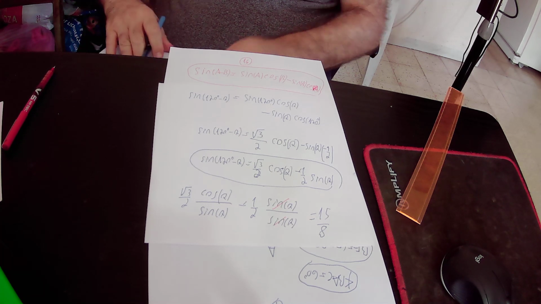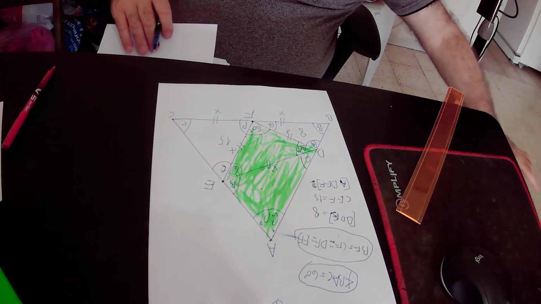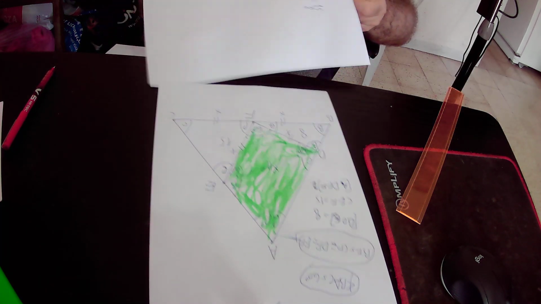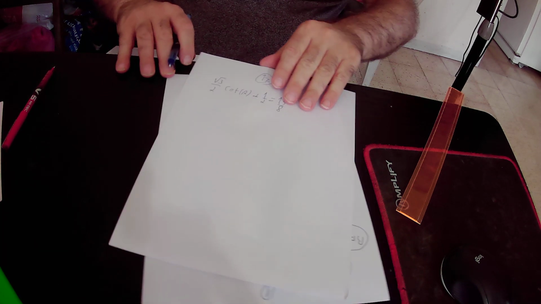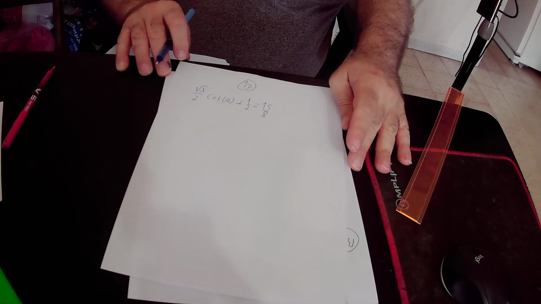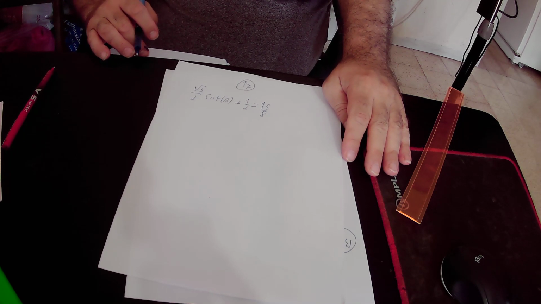Okay, so we actually found out that root 3 over 2 times cotangent Q plus 1 over 2 equals 15 over 8.